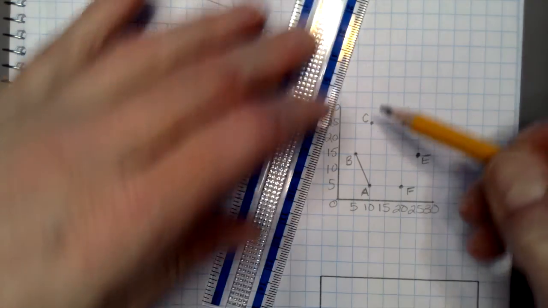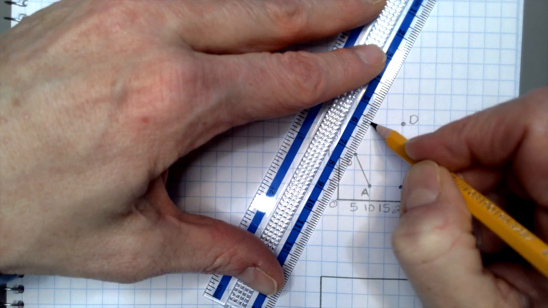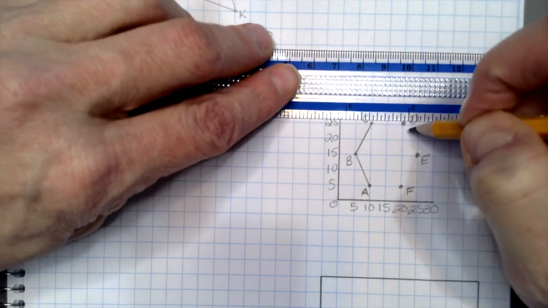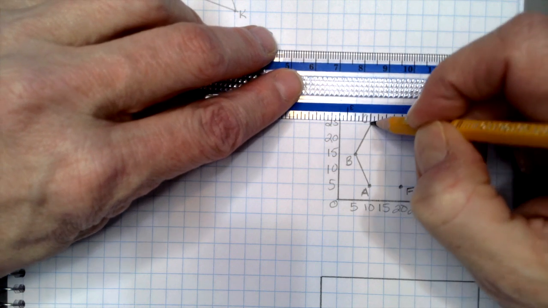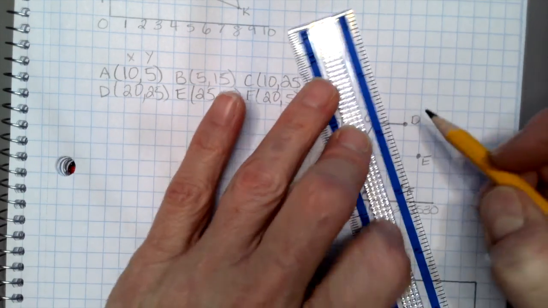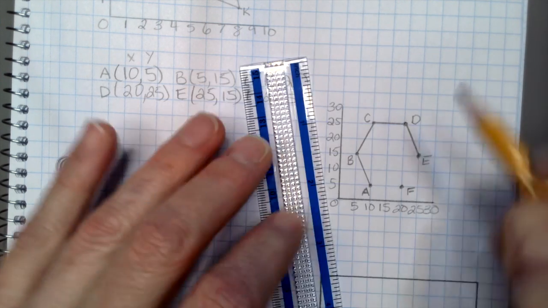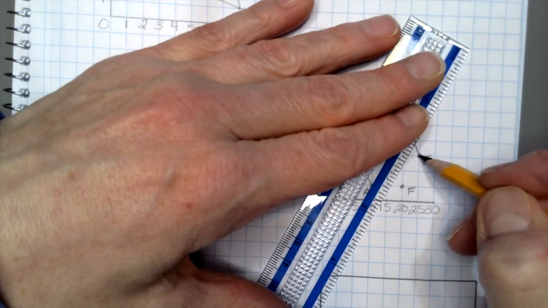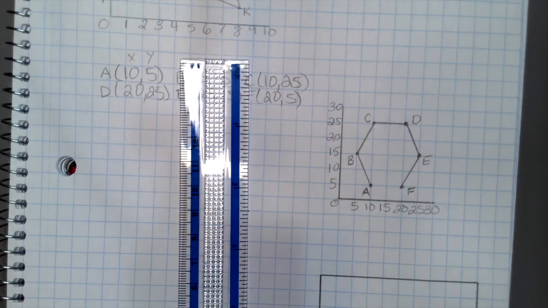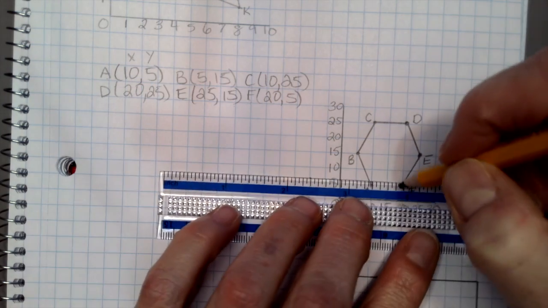From A to B, next step will be from B to C, from C to D, from D to E, from E to F, and then the final instruction said to join point F to point A with a line segment.